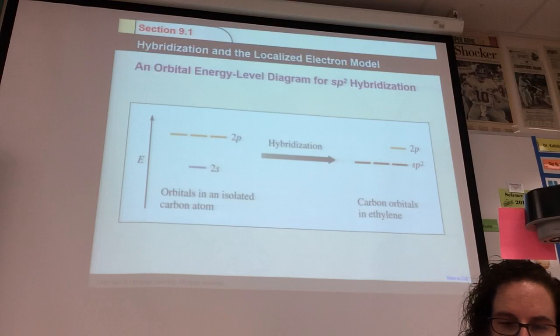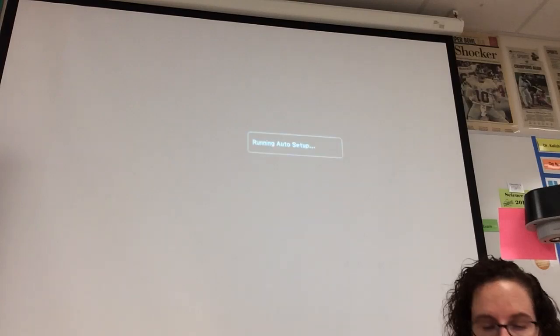Let's take a look. Ethylene actually, question? Do the orbitals have to be filled? No. Oh, I see what you're saying. Not always. Ideally, you want each element to have an octet of electrons.